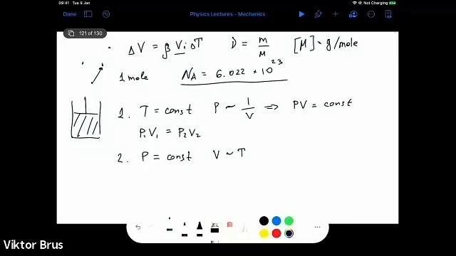In other form, we can write that the ratio between volume and temperature is constant. So again, if we compare two different states, when we go from state 1 to state 2 with an isobaric process, we can write such equality: V1 divided by T1 is equal to V2 divided by T2.